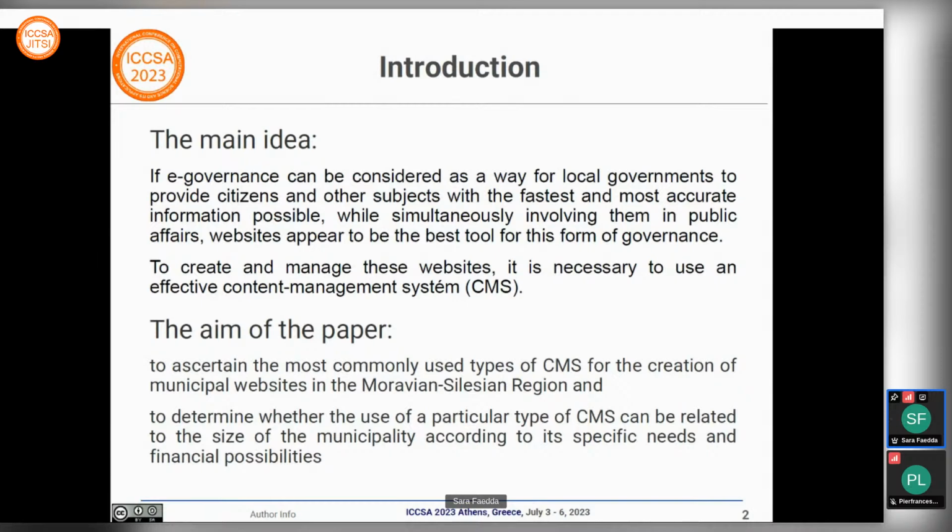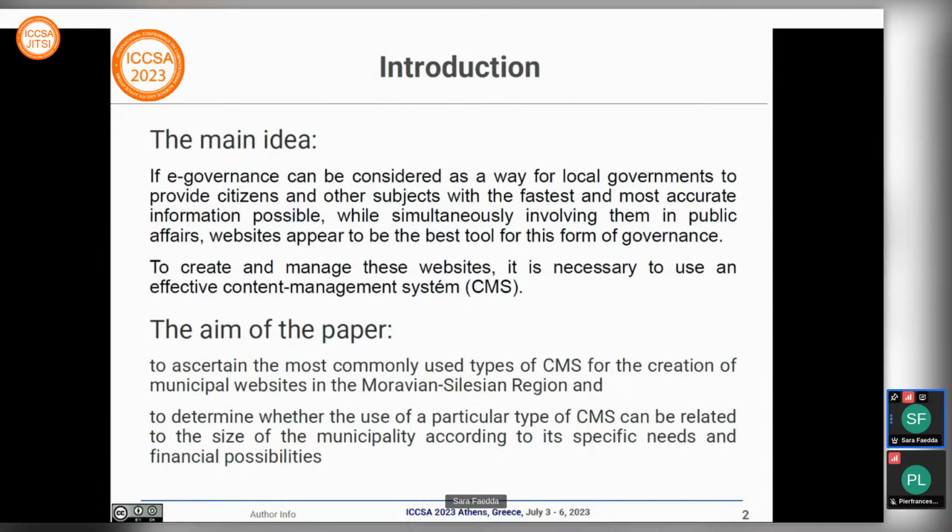The background idea was that good governance or e-governance should be in connection with the people. And nowadays, this connection is about the internet, the website, the e-information. And of course, these municipalities have to do something about that.